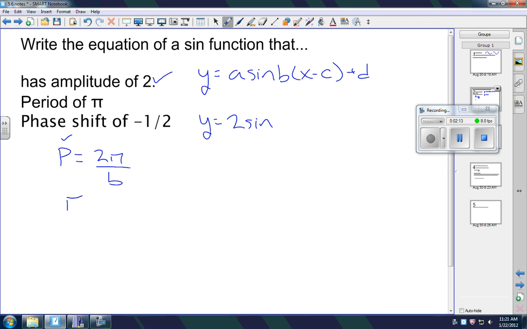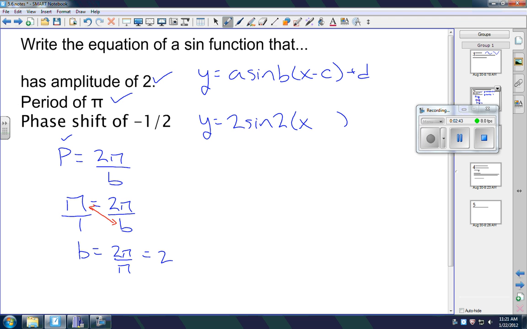So if they're telling you the period's pi, plug that in for the p. Remember, this is over 1. These guys can then trade spots because they're on the diagonal. So we can say b equals 2 pi over the period, and b equals 2. So we have that.